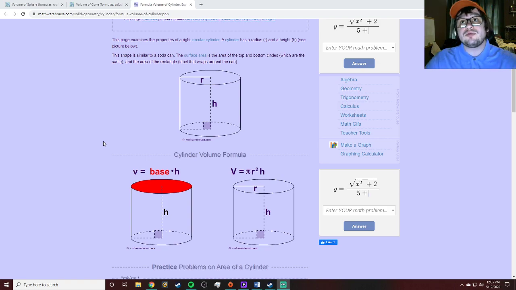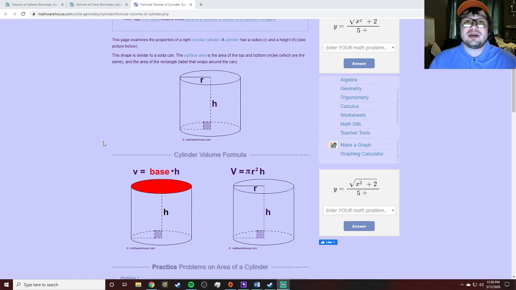So when dealing with volume of a cylinder, you need to be able to find the radius, because r is equal to radius, and the height. They could give you the dimension of diameter. Remember, if you have a diameter, divide by 2 to get the radius.